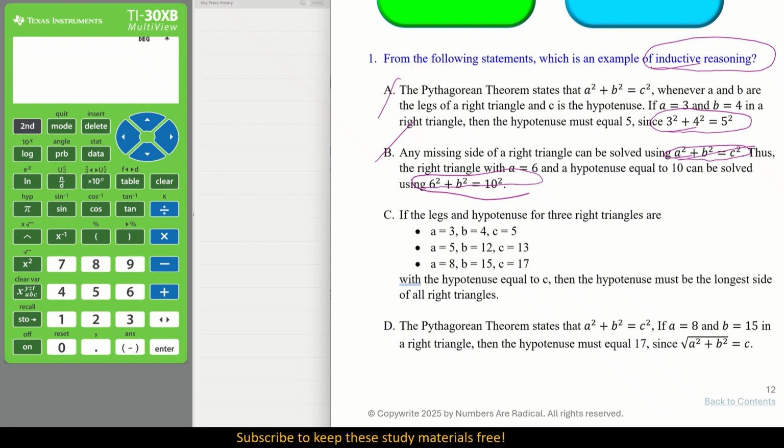So now let's look at C. If the legs and hypotenuse of three right triangles are, okay, you have a 3, 4, 5. That's the first primitive. And then another primitive right triangle, that is 5, 12, 13. And then you have the 8, 15, 17.